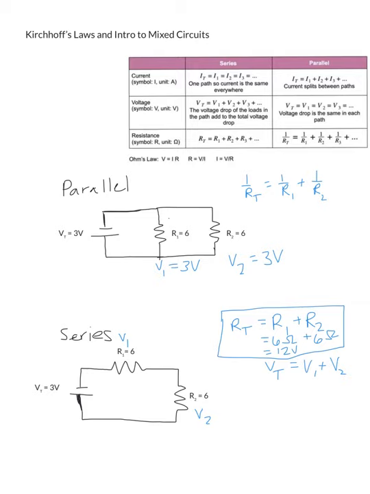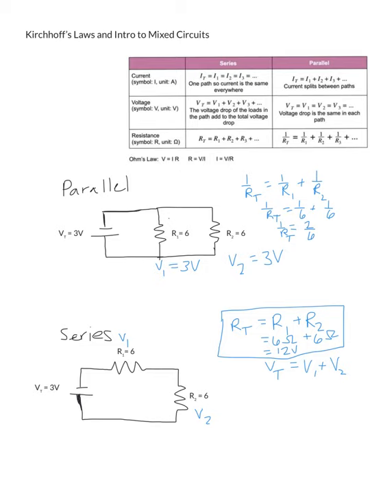And if I sub in here, 1 over RT is going to be 1 over 6 plus 1 over 6. You can divide these and get the decimal, but it's probably easiest to add the fractions and get 1 over RT is equal to 2 over 6. And then we'll use our little trick. If we want RT on the top, we can flip this, but we have to do the same to the other side.